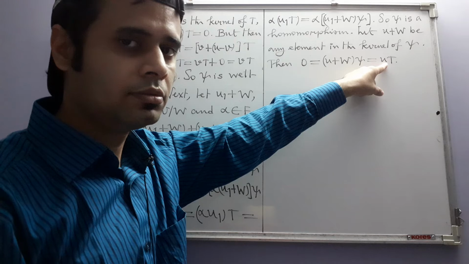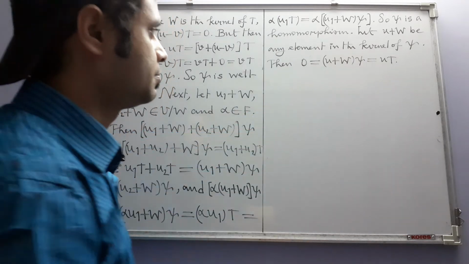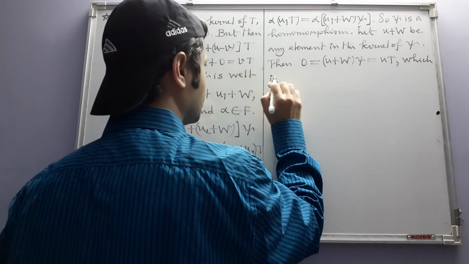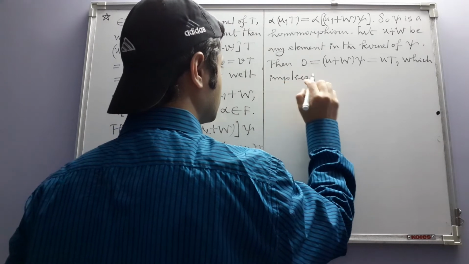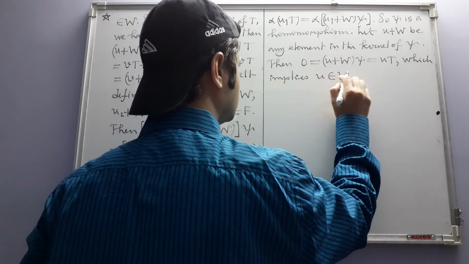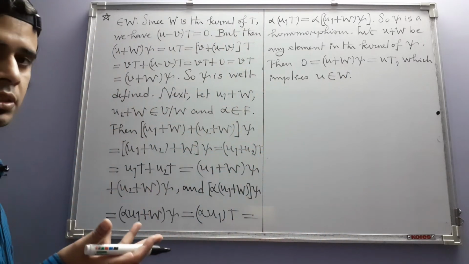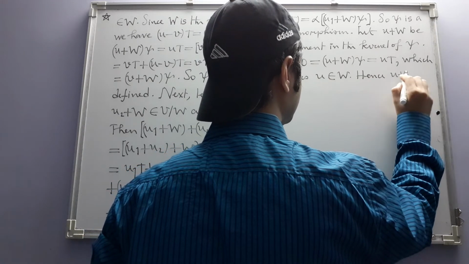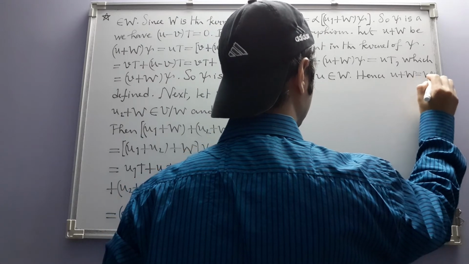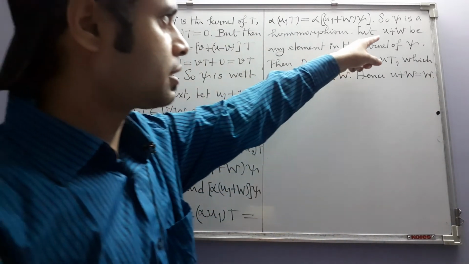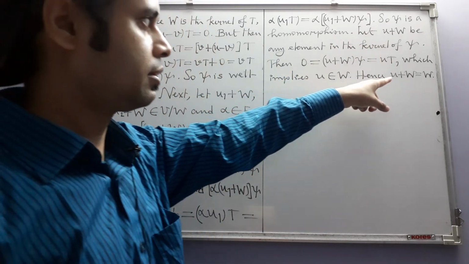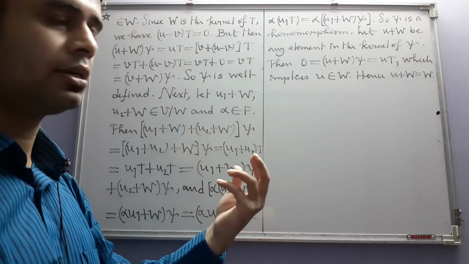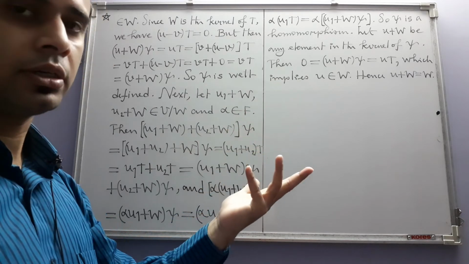So this small u must belong to the kernel of T, which implies u belongs to W, because W is the kernel of T. Hence u plus W is equal to W. So this arbitrary element in the kernel of psi has been shown to be actually the zero element, because in the quotient space U by W, the zero vector is W.